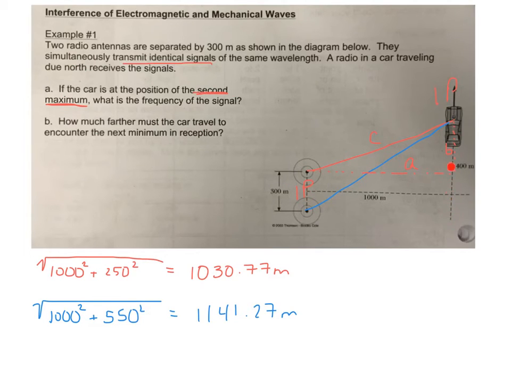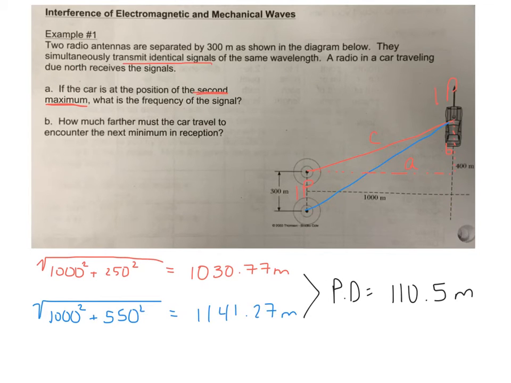And so if that's 550 meters and this is 1,000 meters, I get my path to be 1,141.27 meters. So now that I have my two paths, I can go ahead and figure out what the path difference is. The difference between these two paths happened to be 110.5 meters.